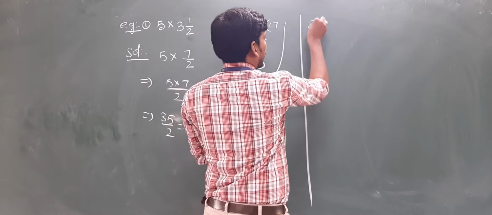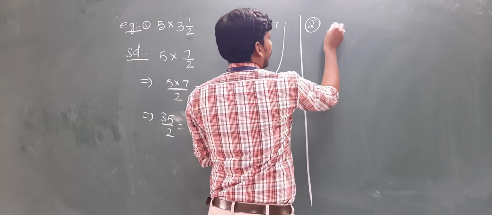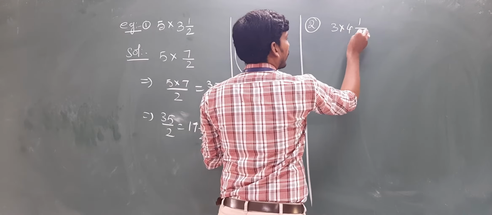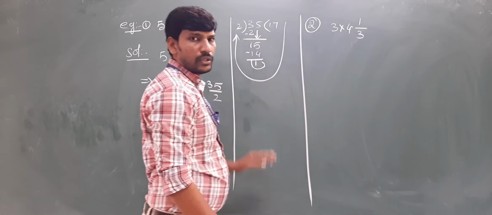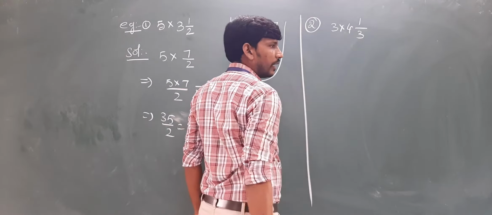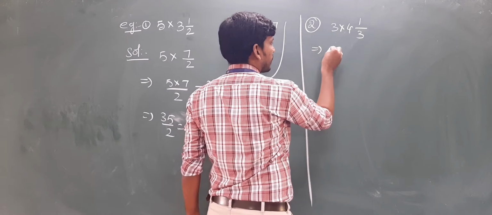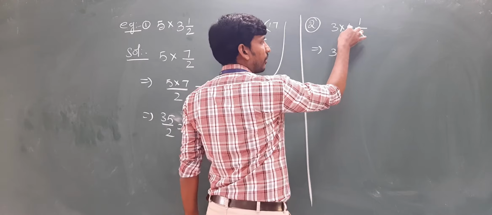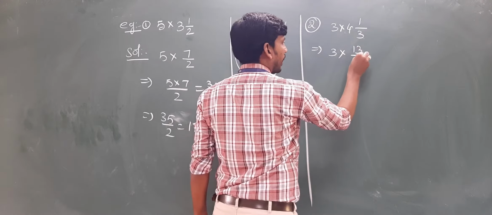See, example 2. Okay, multiply 3 into 4 1 by 3. 3 into 4 1 by 3. 3 is a whole number. 4 1 by 3 is a mixed fraction. So 3 fours are 12. 12 plus 1 is 13 by 3.